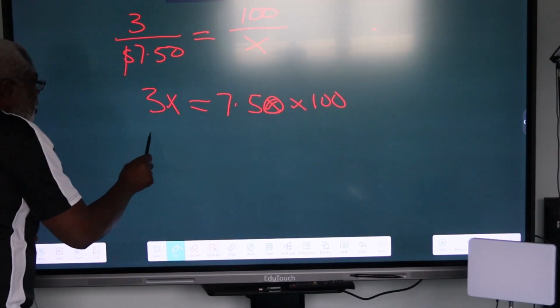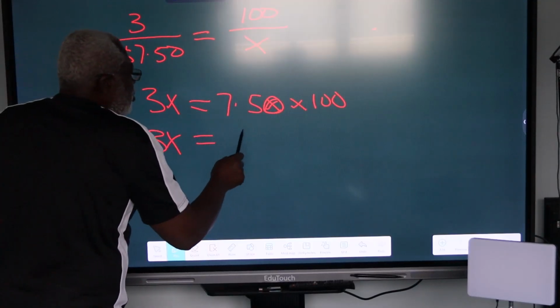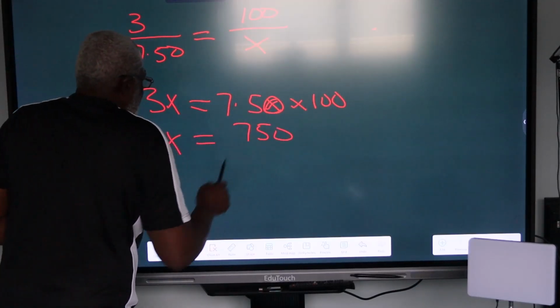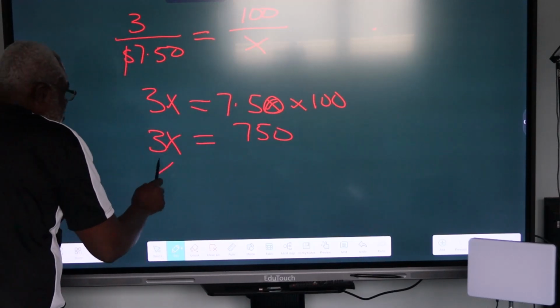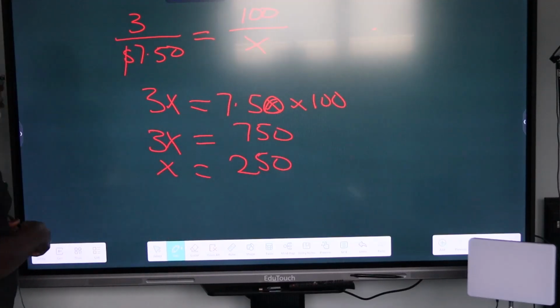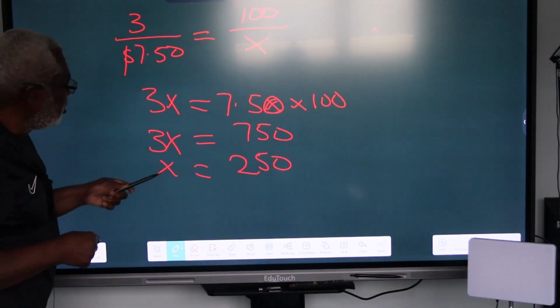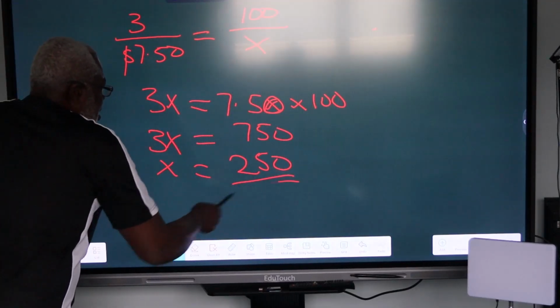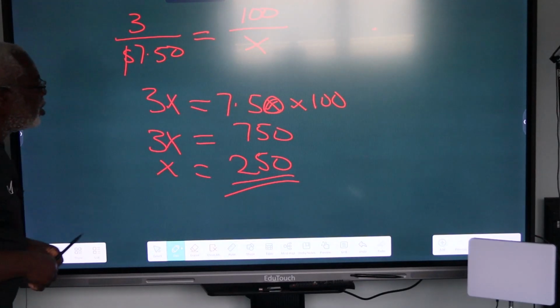So 3x equals 750. So x will give us $250. So the 100% of the amount is $250. If 3% is $7.50, 100% is $250.